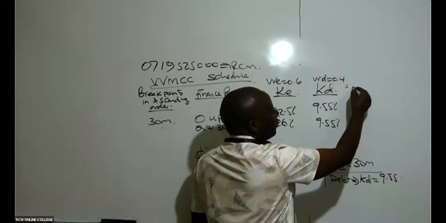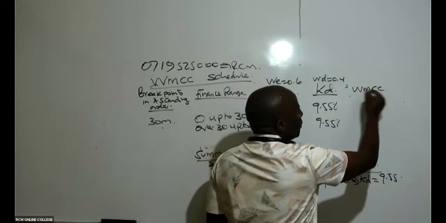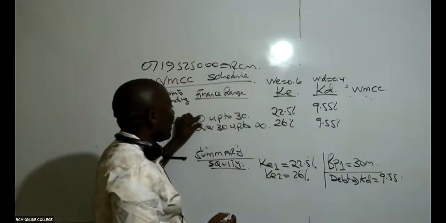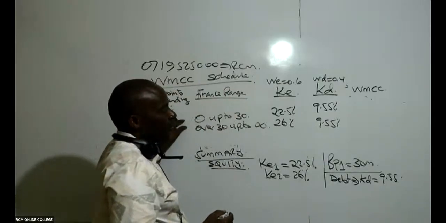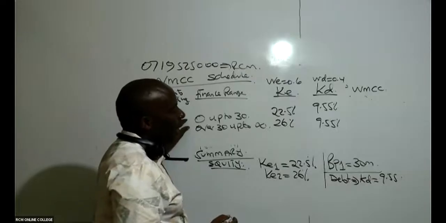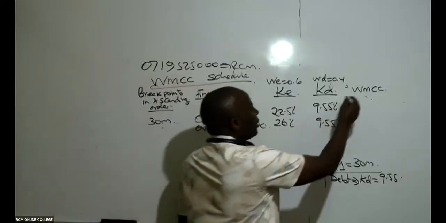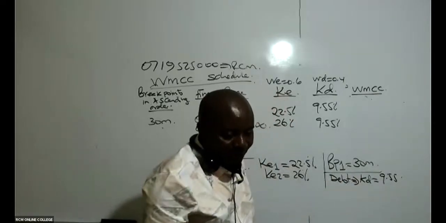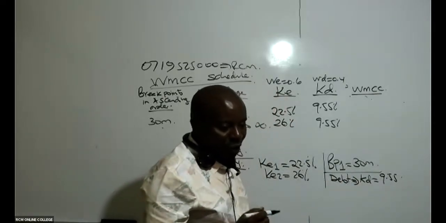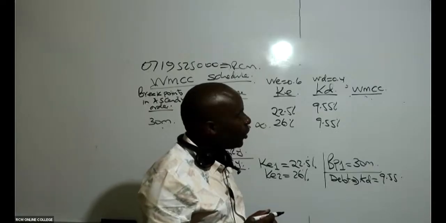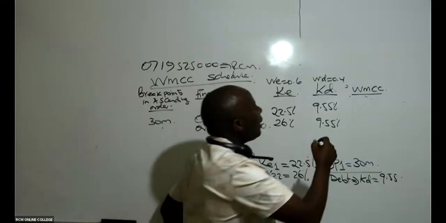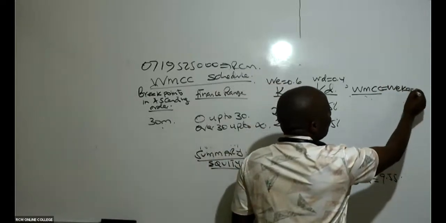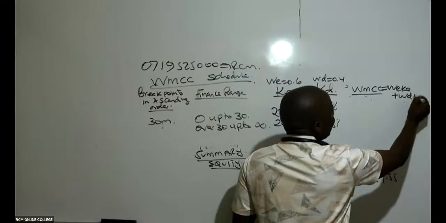So now you can comfortably give me the WMCC for each financing range. We know the formula of WMCC. It will be weight of equity times cost of equity, plus weight of debt times cost of debt.